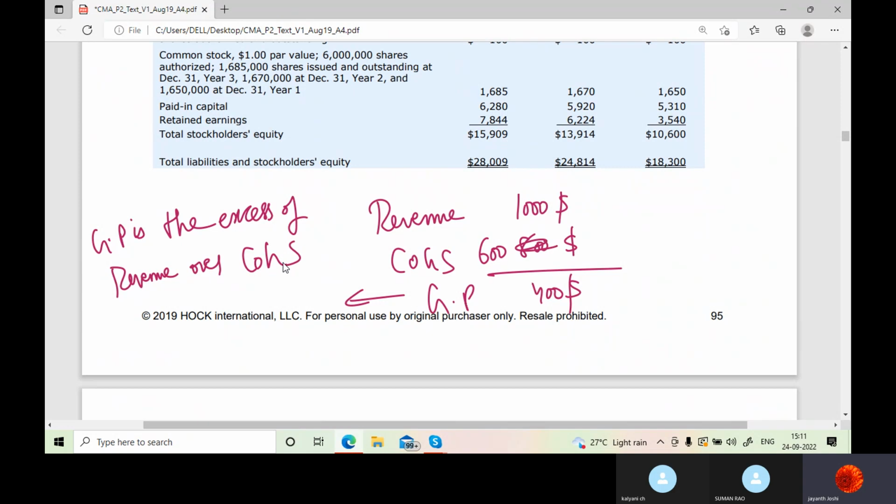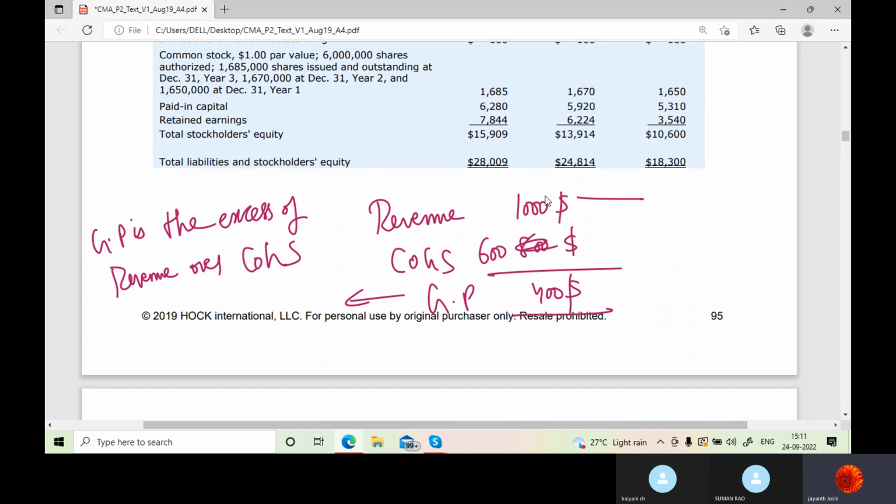I don't know whether someone has given you this definition or not, but is it a simple way to understand, excess of revenue over COGS? Please tell me yes or no. See, your revenue is $1,000. What is your gross profit? $400.